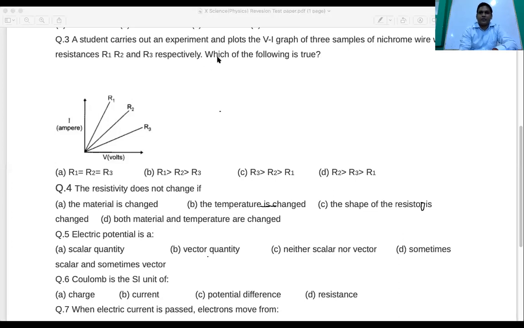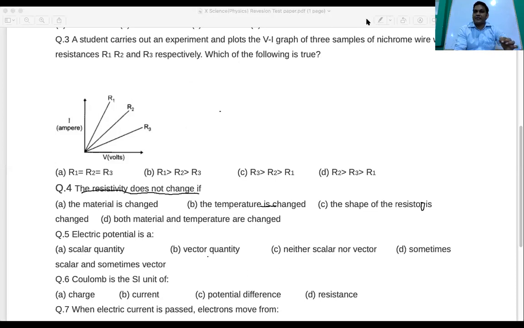Okay. Coming to the question. Resistivity will not change only and only if the material remains constant. If the material is going to change, then there will be a change in resistivity.